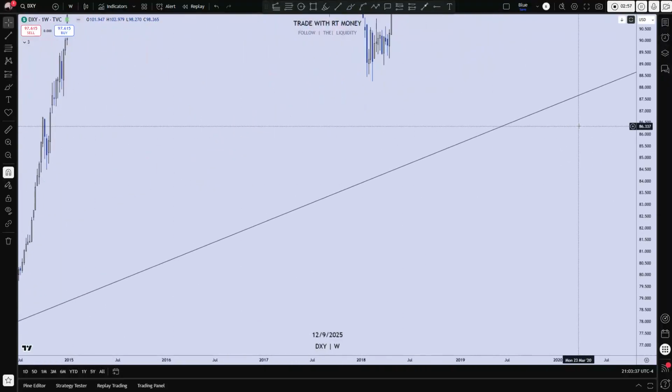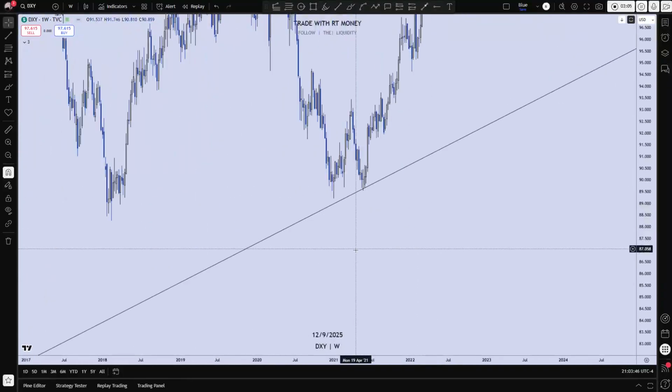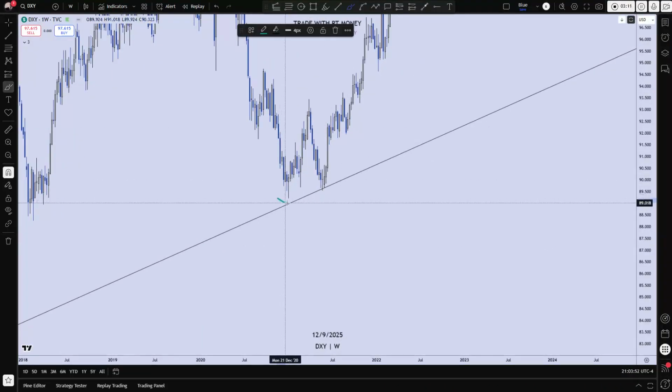Bear that in mind. On the second touch of this trend line, this diagonal line of support, you see the same action. This is the lowest of the low. This is the swing low.